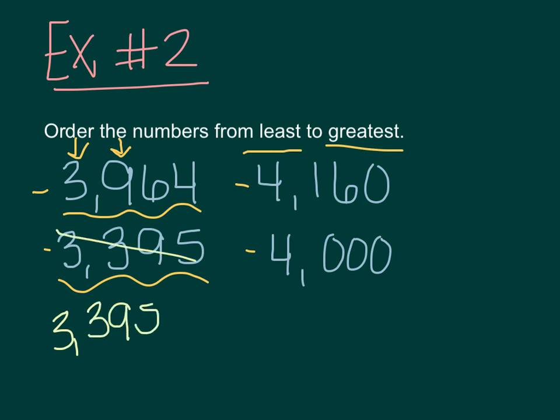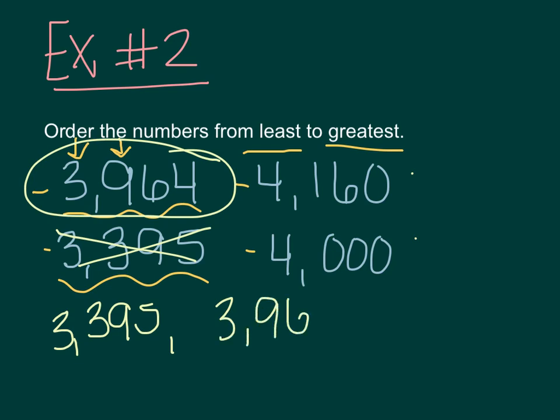So I just like to cross that out to know that I'm done with it. And then, of course, like we already said, the 3,000 numbers are going to be smaller than the 4,000. So 3,964 would be next.